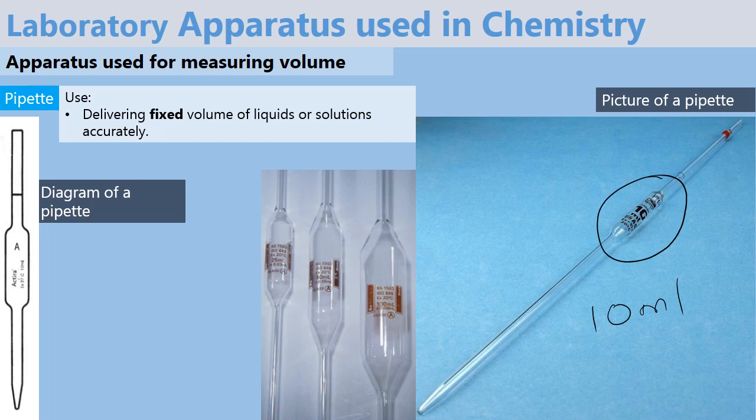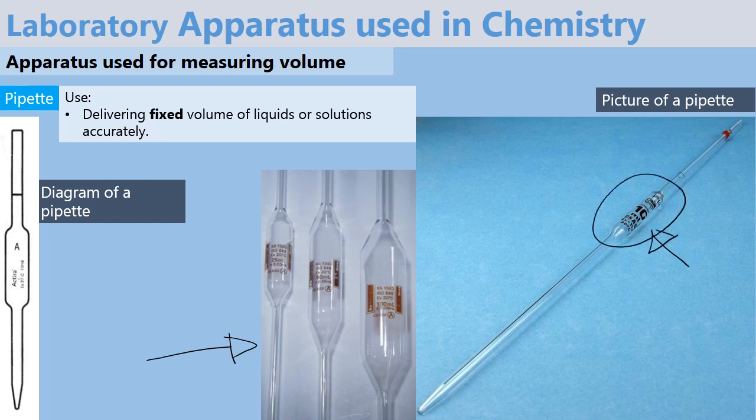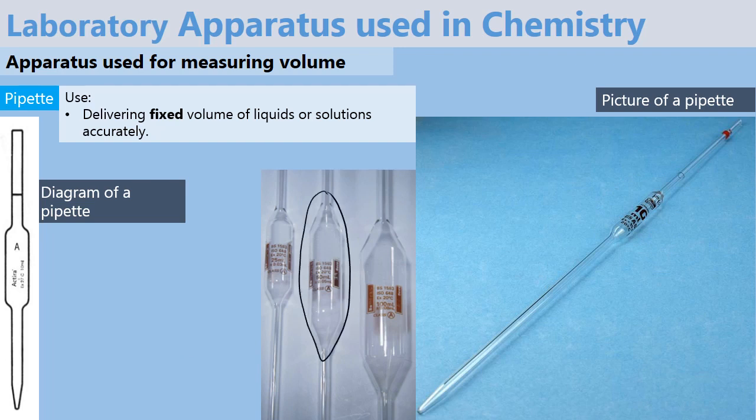We also have different sizes of pipettes, like the ones you see in this picture. This one here indicates a zoomed out picture of the bulb, this part here, which we call the bulb. It is where the details are indicated. For instance, in this one here, it measures exactly 25 cubic centimeters. Again, the next one shows a pipette that measures exactly 50 cubic centimeters.